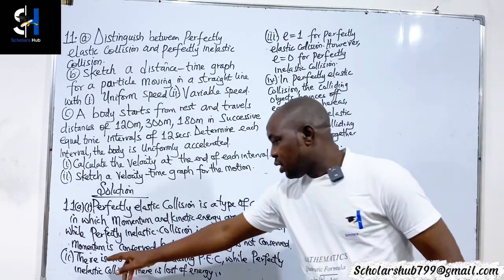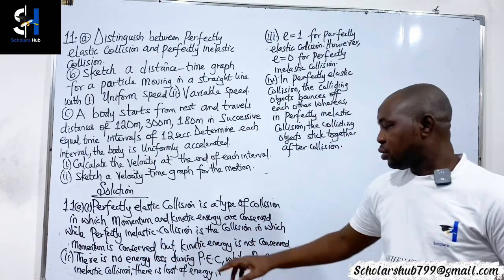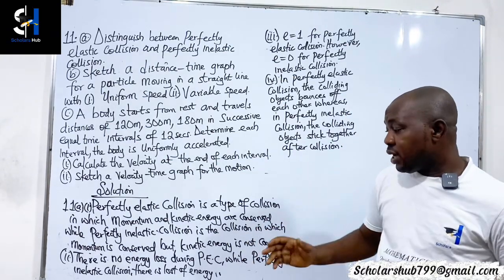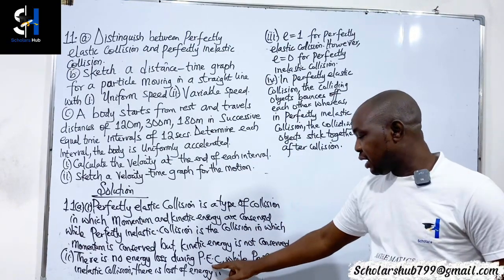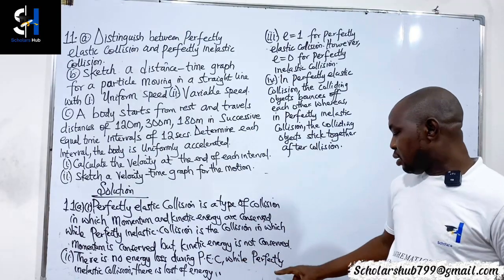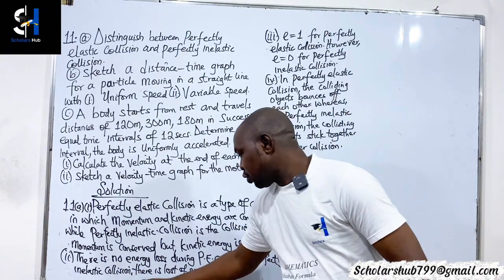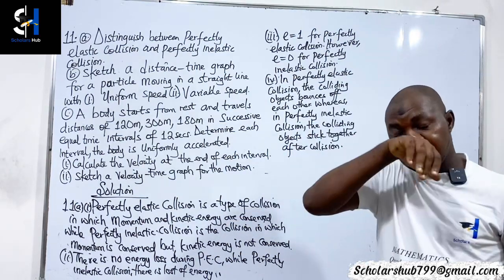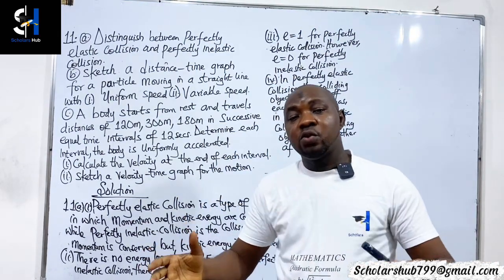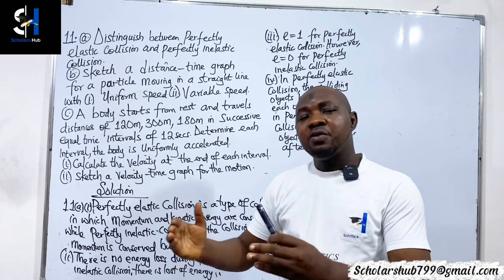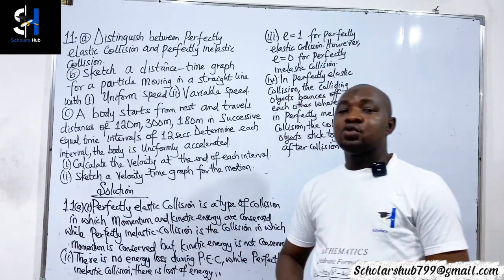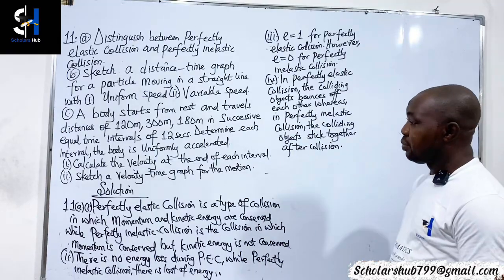There is no energy loss during perfectly elastic collision, while in perfectly inelastic collision, there is loss of energy. Which means in the case of perfectly elastic collision, the total momentum before impact will be equal to the total momentum after impact.